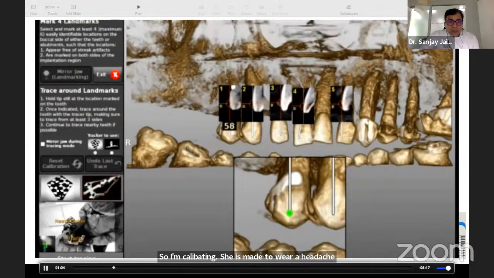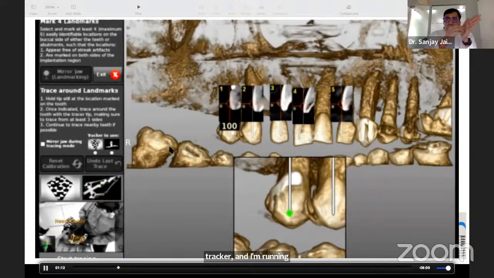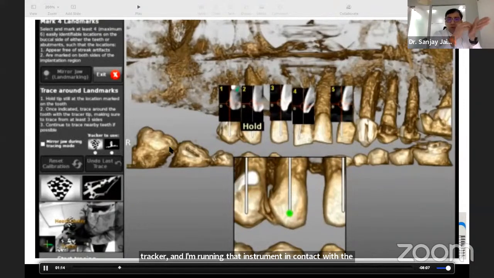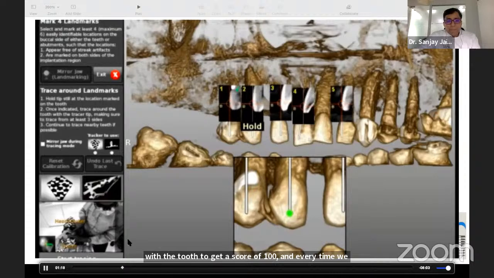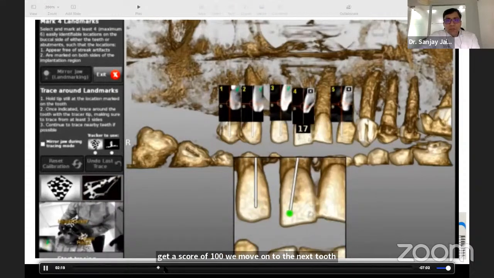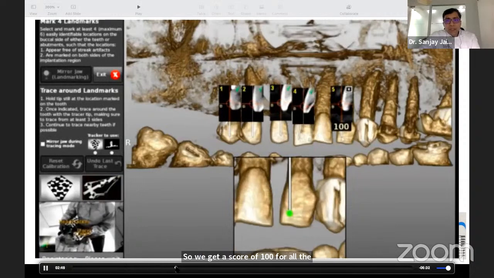And this is my jaw tracker and my tracer tool. I'm running that instrument in contact with the tooth to get a score of 100. Every time we get a score of 100, we move on to the next tooth. We get a score of 100 for all the teeth, and once we get it, the registration is complete.